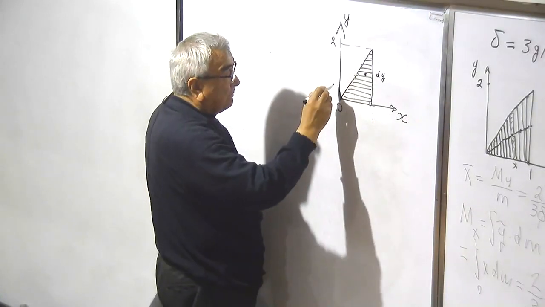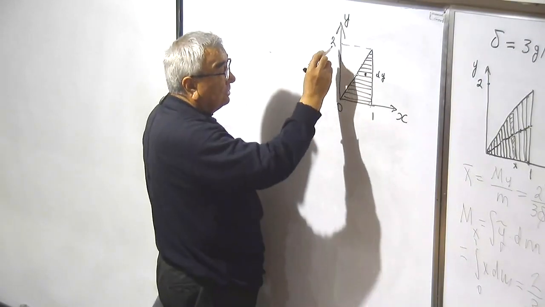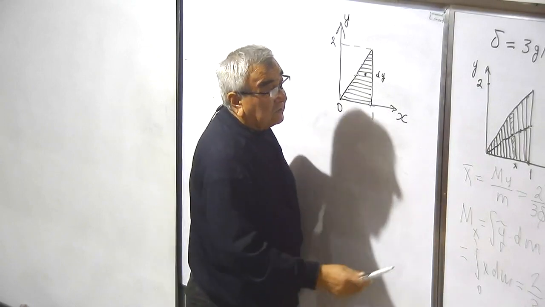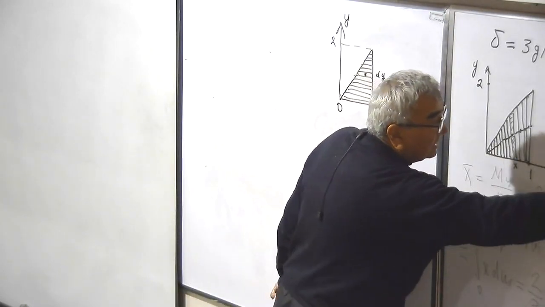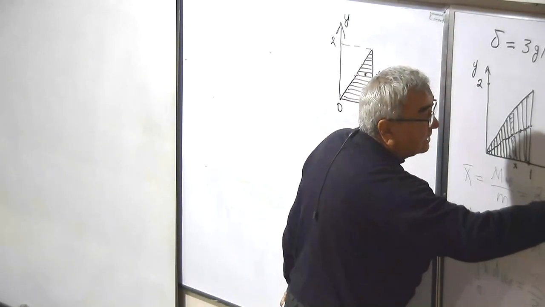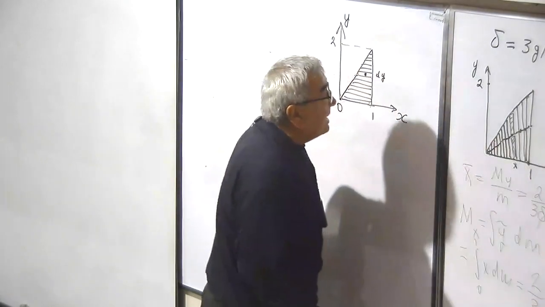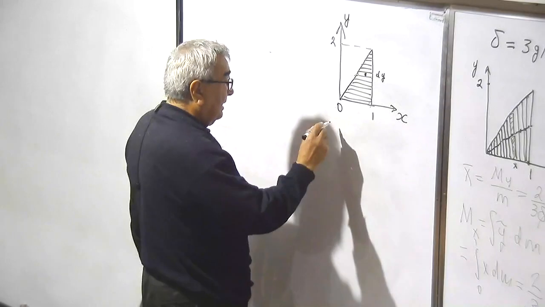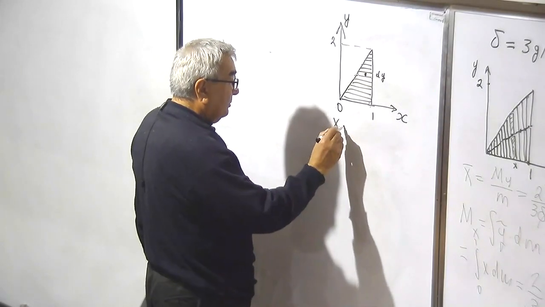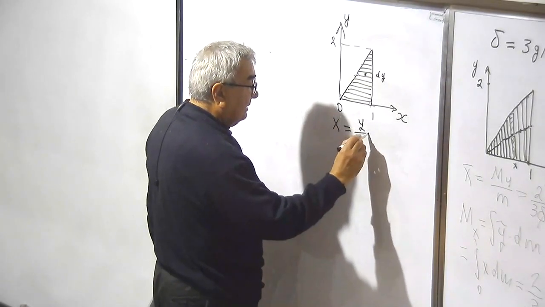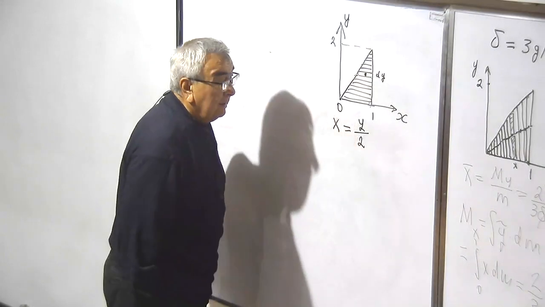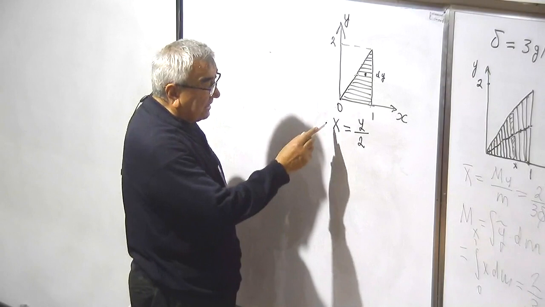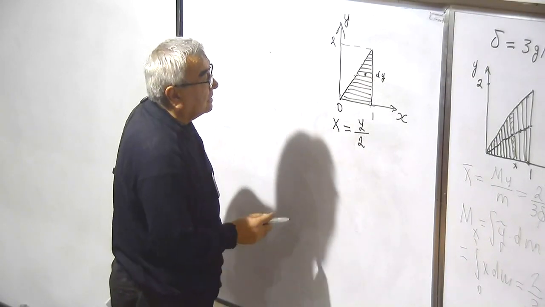Therefore, now the independent variable should be y. So from this equation, which defines the relation between y and x, I must find x. That means the inverse function. The x should be equal to y divided by 2. So now x is the inverse function with respect to y.